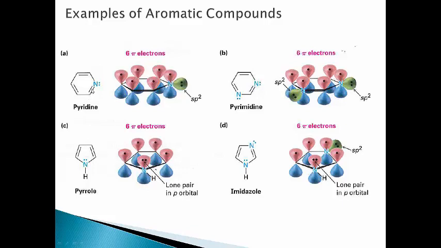So pyridine, we have 2, 4, 6 electrons in the pi bonds. Showing that in this diagram, we've got 1, 2, 3, 4, 5, 6. These 2 electrons of the nitrogen, the lone pair, are not in the pi orbital. They're sticking out of the plane.